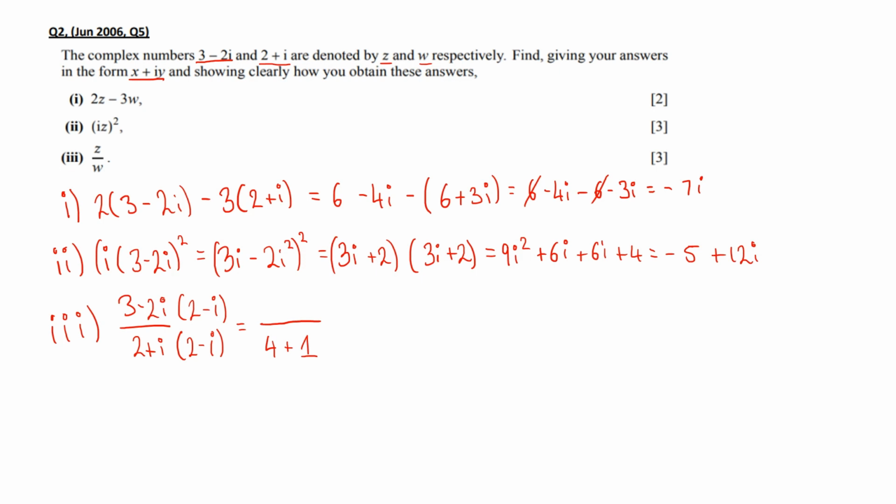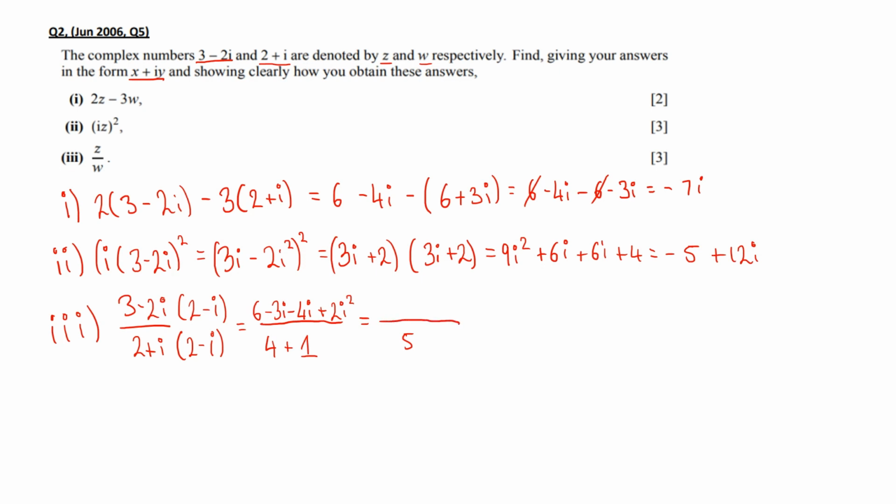So 3 times 2, that's going to be 6. 3 times minus i is going to be minus 3i. Minus 2 times 2 is minus 4i. And then minus 2i times minus 1i is going to be positive 2i squared. Right, let's keep going with this. So 5 on the bottom.